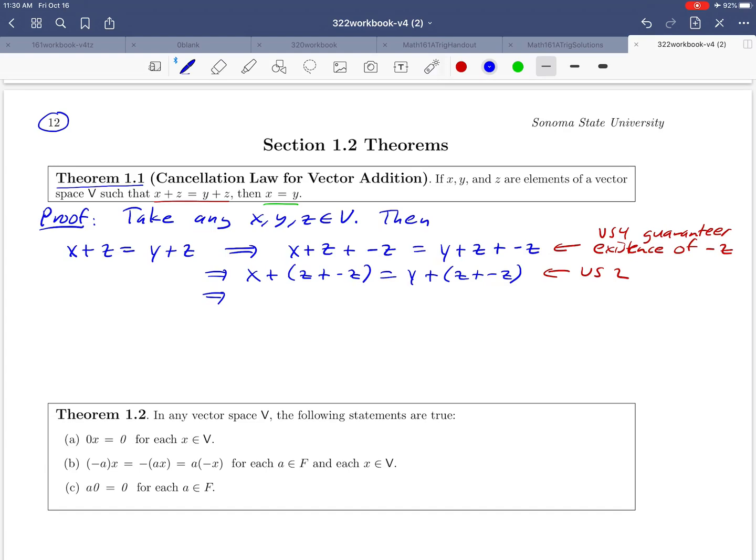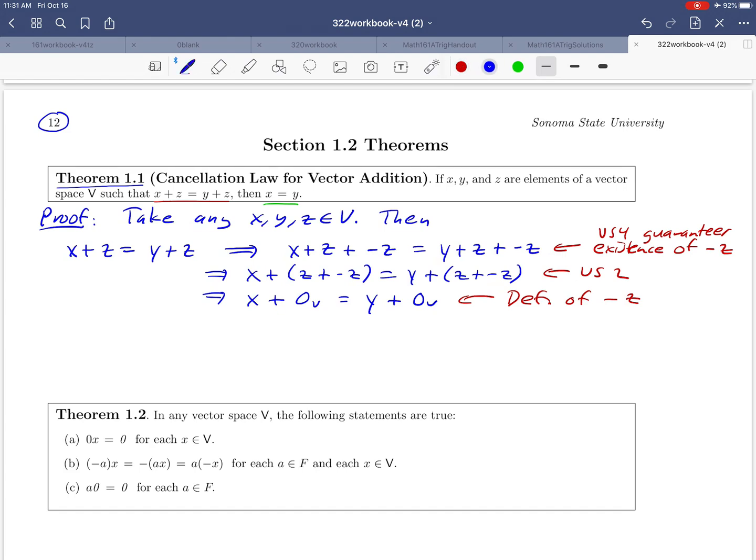Okay, and then z plus negative z is equal to the zero vector. That's just the definition of what we mean by the negative of a vector. Okay, and recall I'm going to use the notation 0v for the zero vector. Okay, so definition of the negative of z.